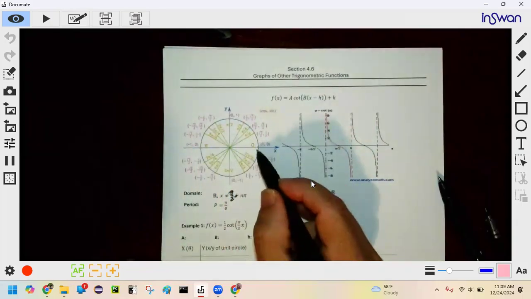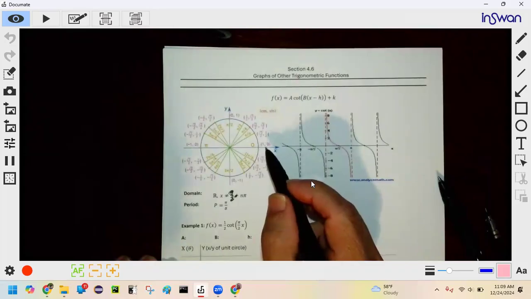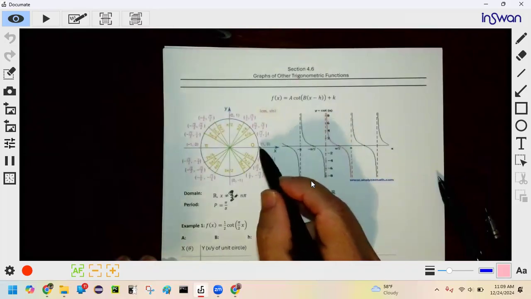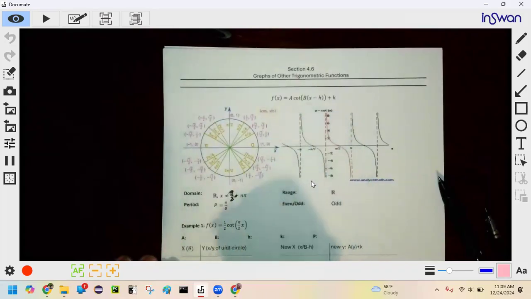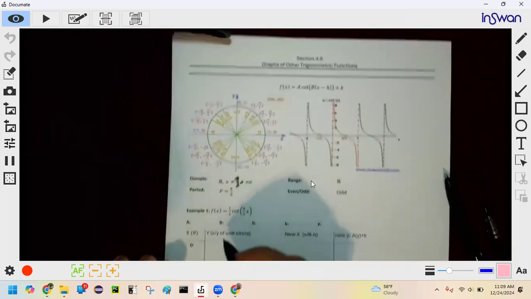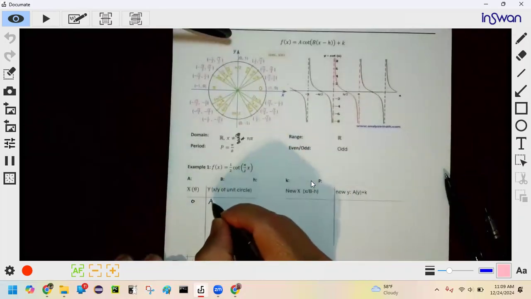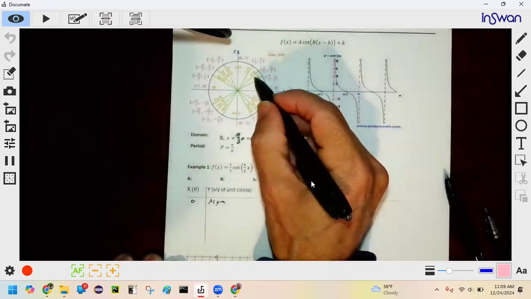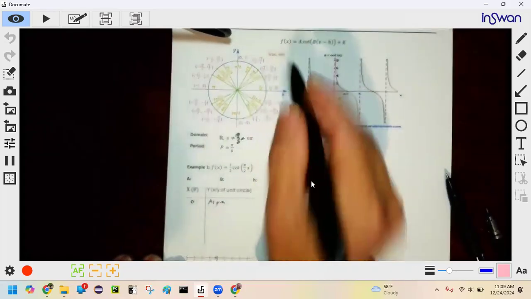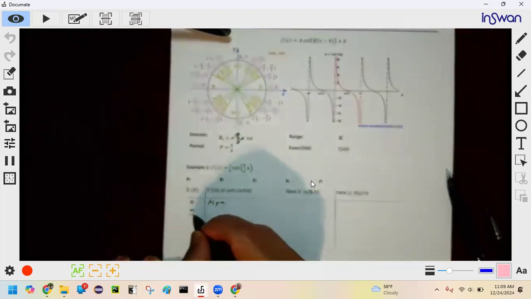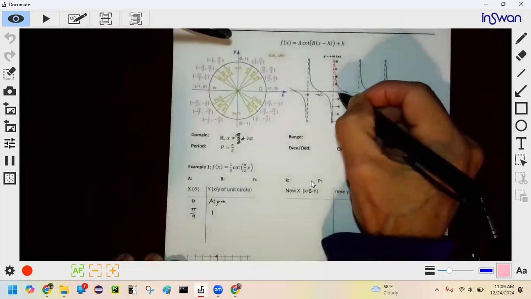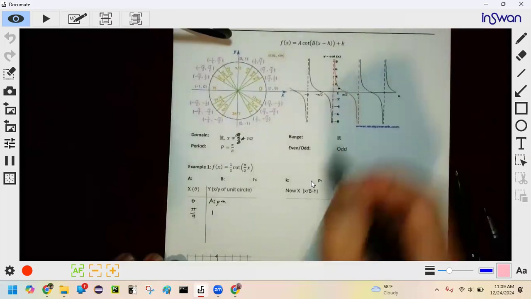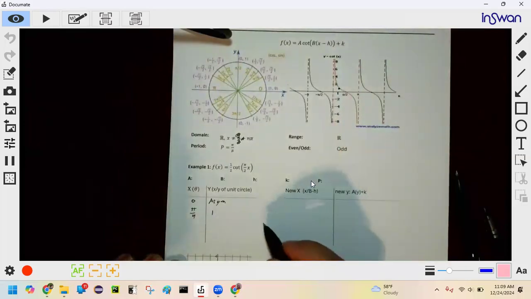So at 0, we have, and this is x divided by y now. So this is 1 divided by 0 is undefined. So 0 is an asymptote. Pi over 4, root 2 over 2 divided by root 2 over 2 is going to be 1. Sitting right here. It's pi over 4.